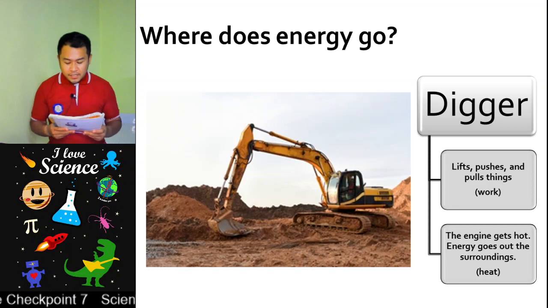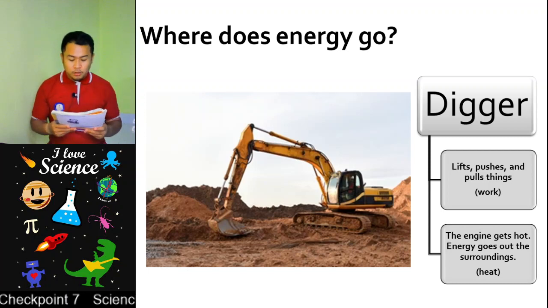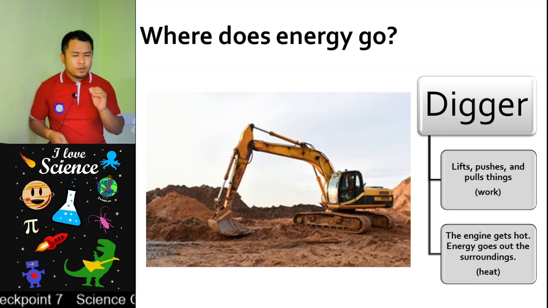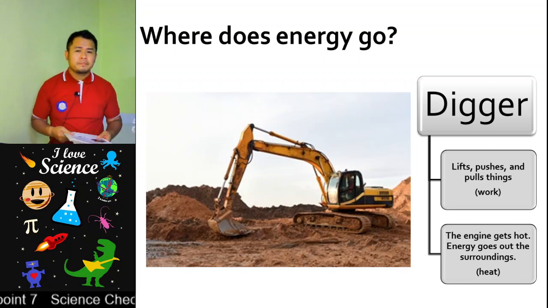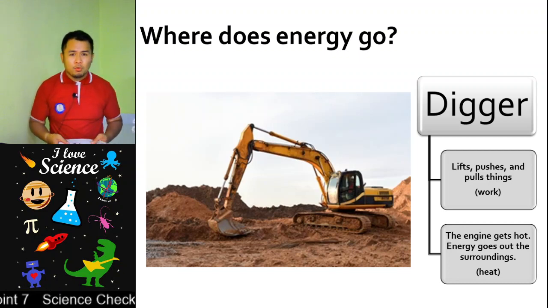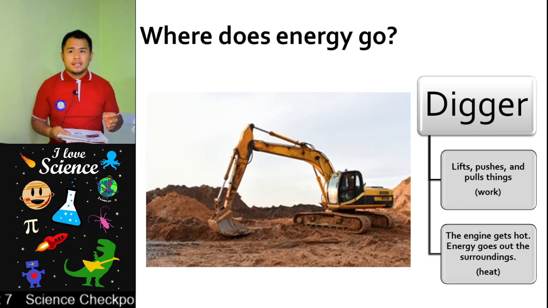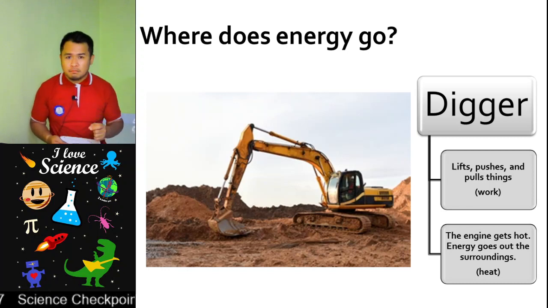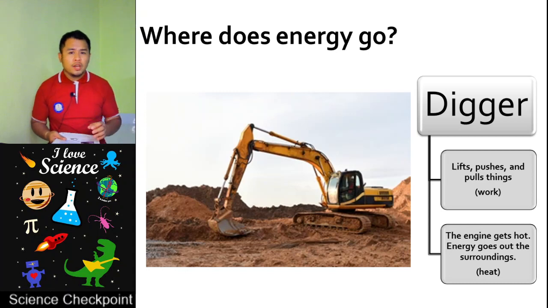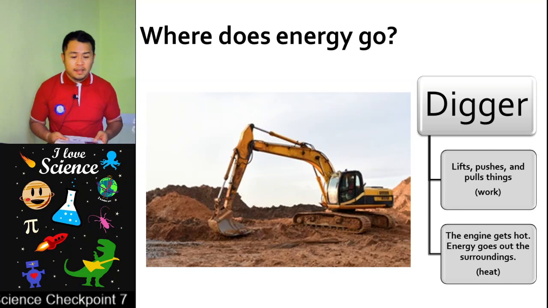It gets energy from the diesel fuel in its tank. So again, for this specific digger to work, where does it get its energy from? So in its tank, we have diesel. Diesel is a fuel, okay? And we all know that fuel is a chemical store of energy.